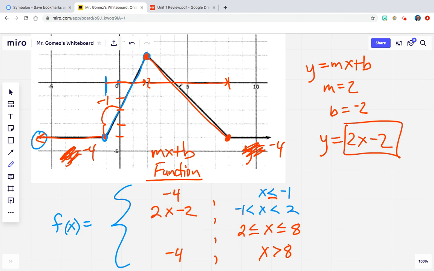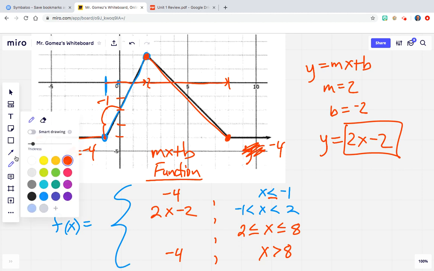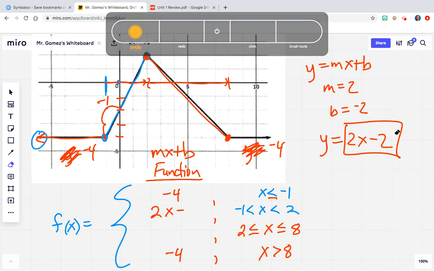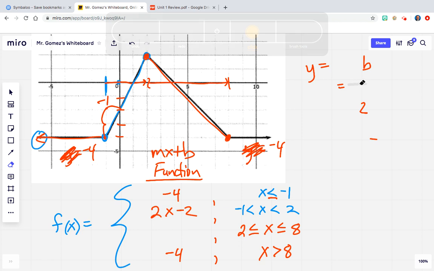Now over here, this is what I was showing you in class when we started the new unit. Let me make some room. We still are going for this y equals mx plus b because they are all lines of the systems of equations. But this one's a little bit different. Let's say I couldn't see where it went to, but I could see at least one of the points that lied on this line.